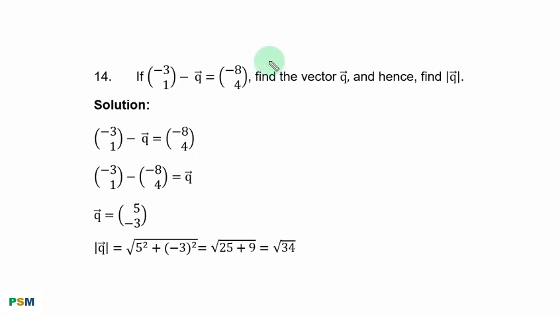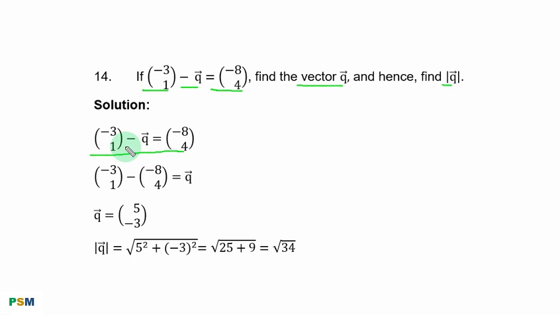Example 14. If this column vector minus vector Q is equal to this column vector, find the vector Q and hence find the magnitude of Q. Solution: in the given equation, you simply solve for vector Q. Vector Q needs to be positive.